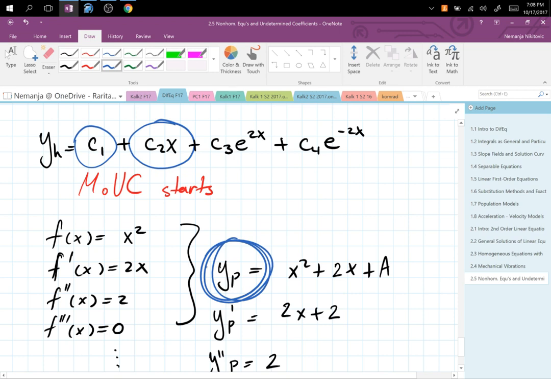You are not allowed to have them in YP. How do you know if they repeated? Because I have eyes and I see it right here and right here. So we bump them up.